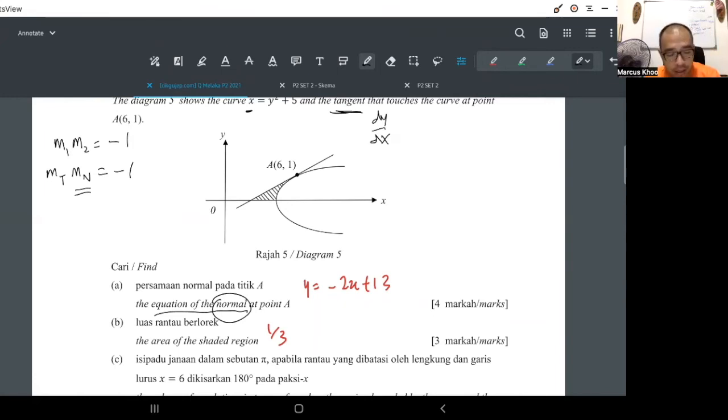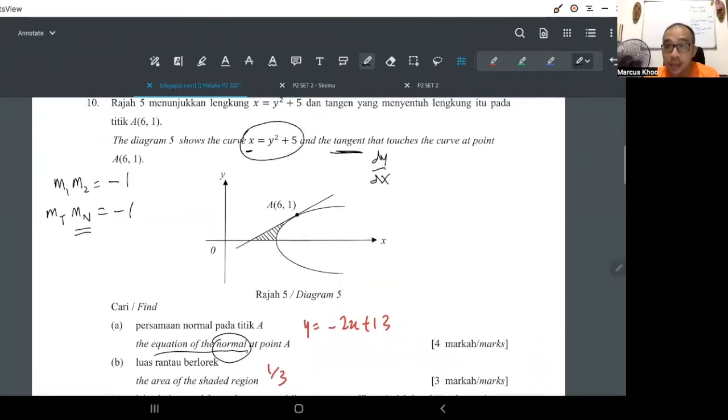But the problem is our equation is in x, so we have to change it to y. So there are many things we have to do. The first step: x equals y squared plus 5, I change it and I get y equals square root of x minus 5, otherwise known as (x minus 5) to the power of half.